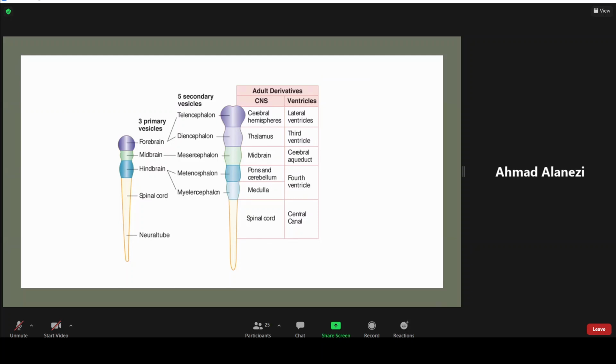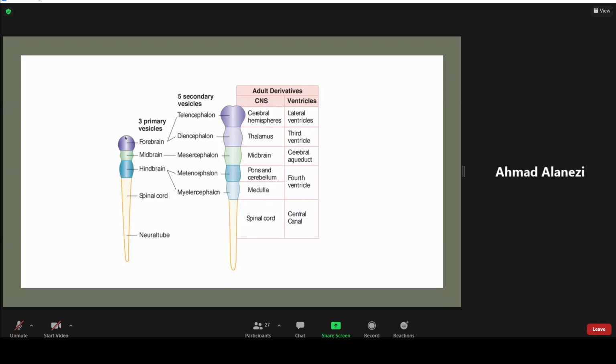The neural plate formed and folds to form the neural tube, as you see here. During early weeks of intrauterine life, the top of the neural plate gives rise to 3 vesicles, which differentiate with time to give us different structures in the central nervous system.